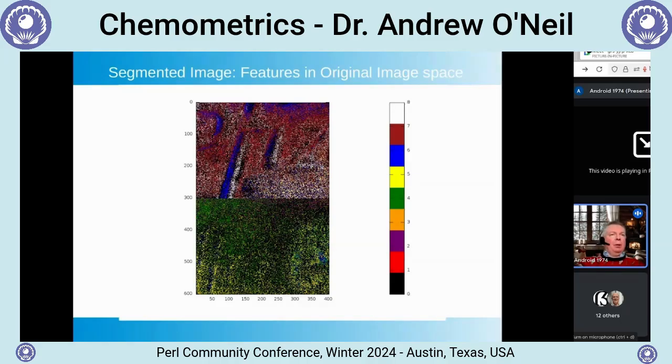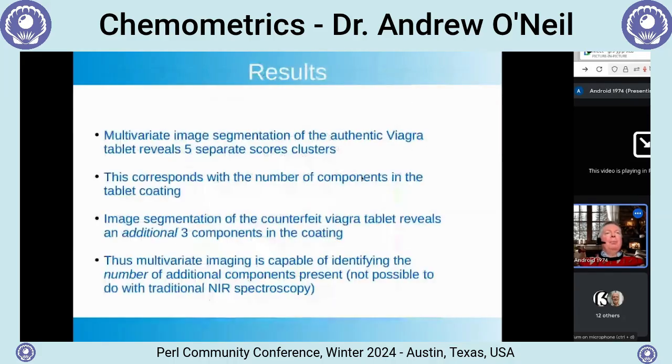So we've got, I think, the authentic and the counterfeit, or it could be the other way around, tablets here. You can see that basically the coatings are different, and so obviously one of the products is not genuine. So multivariate image segmentation reveals 5 scores clusters for the genuine product.